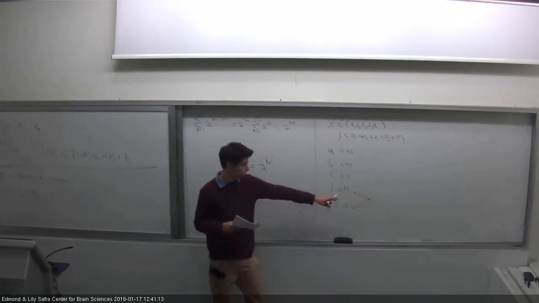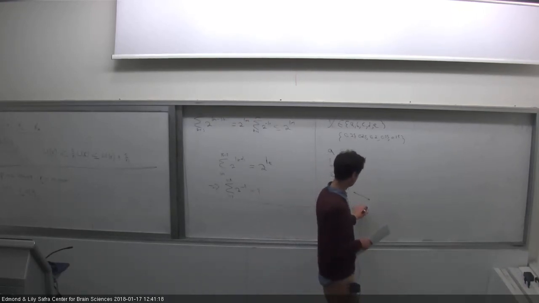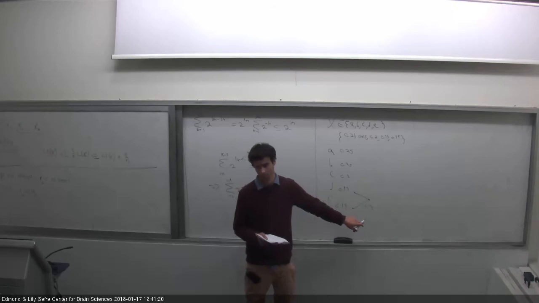This node will have the sum of their probabilities, so it will be 0.3.